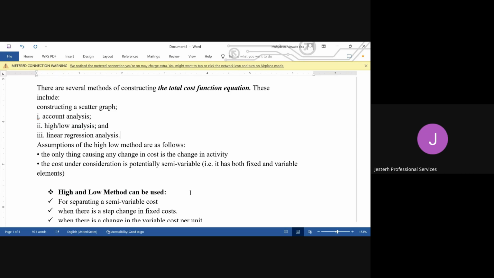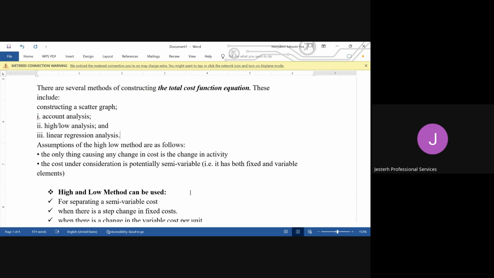We plan to produce 1,000 units of a particular product, and then due to the demand in the market, we decided to increase the level of the activities. As the level of the activities increases, the cost involved too will increase.